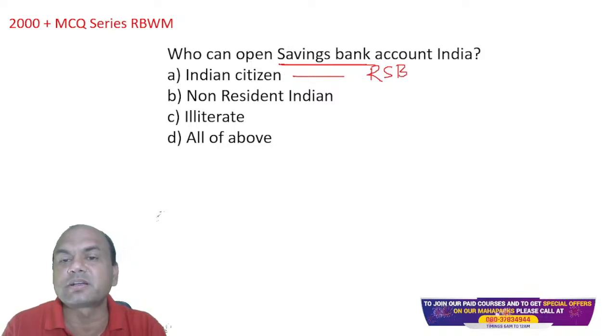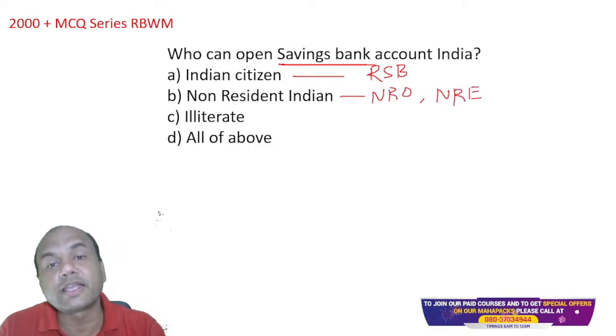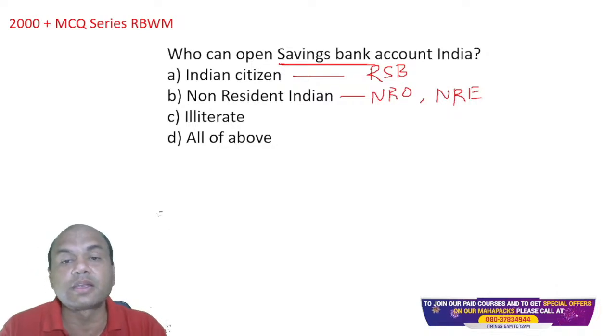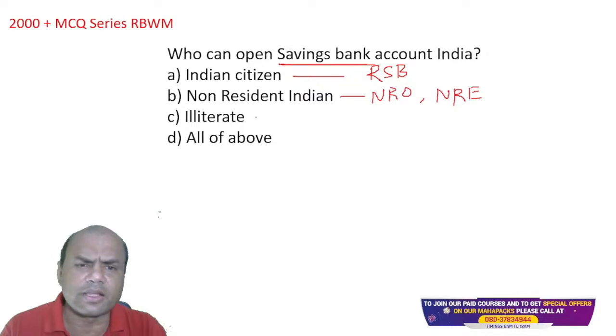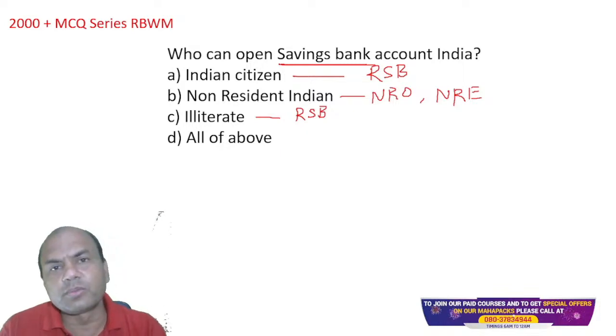When an NRI opens a savings account, it can be of two types, NRO or NRE, non-resident external and non-resident ordinary. Both are allowed, and both are non-resident accounts. An illiterate person, obviously, has an RSB only. So anyone can open the savings account, any eligible person.